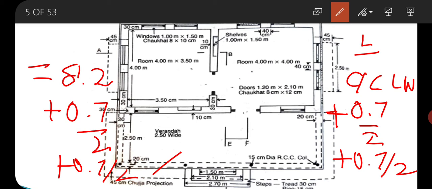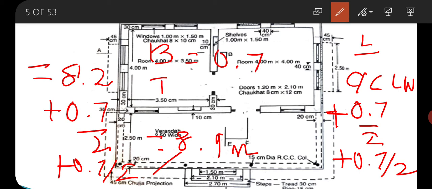So this will give you the length as 8.9. Clear? Width is 0.7 meter and depth is 0.3 meter.